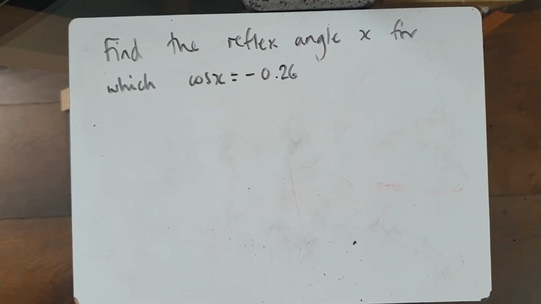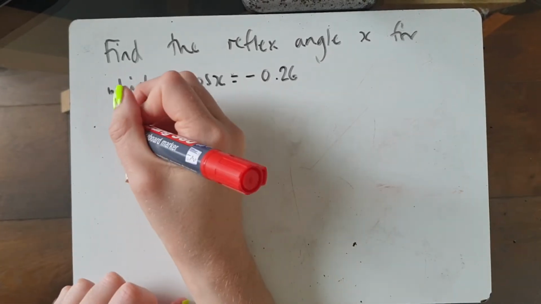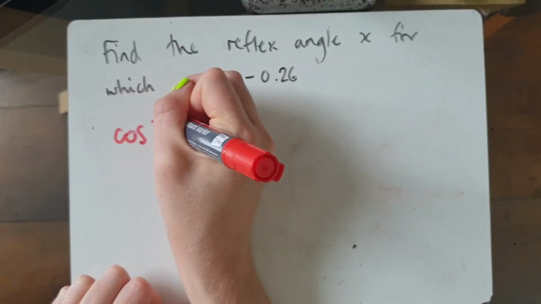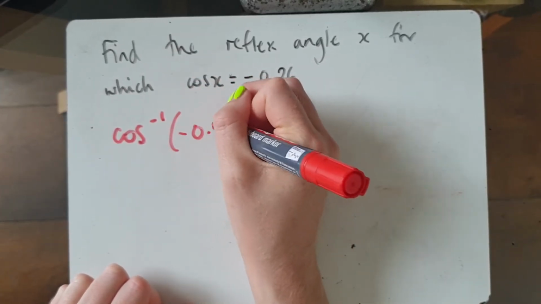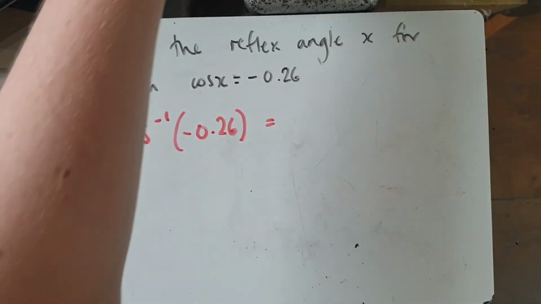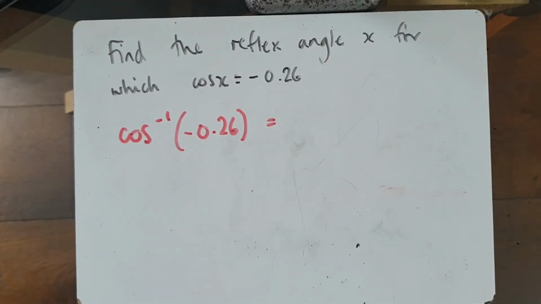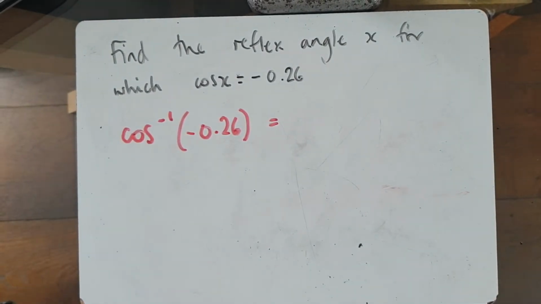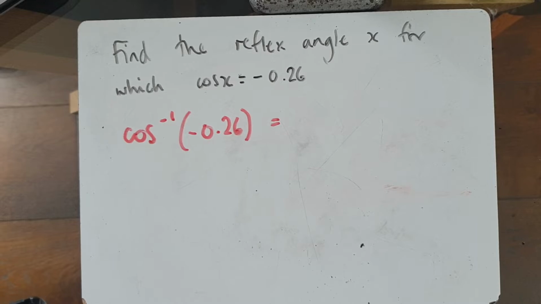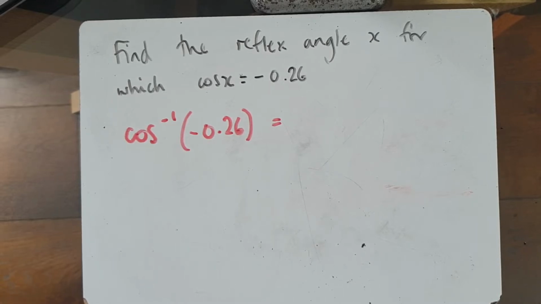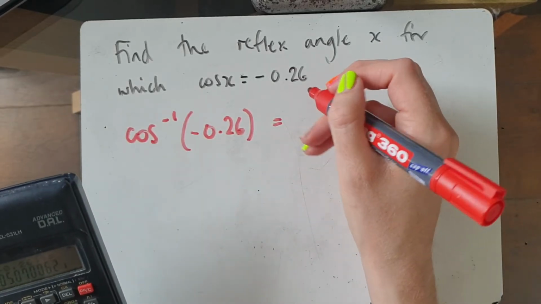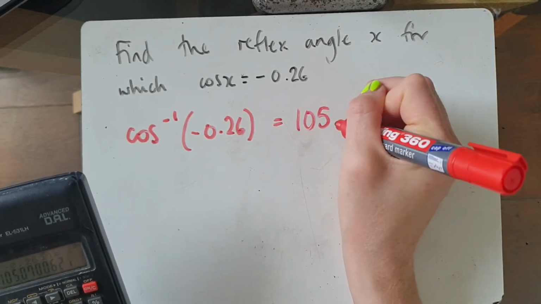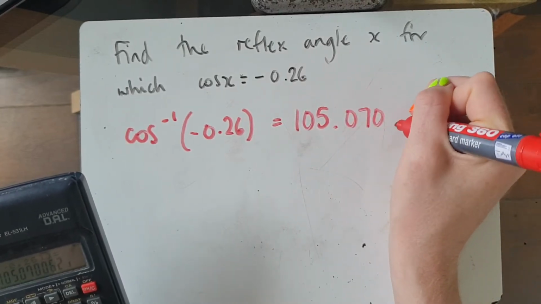The first thing we would do is put that into our calculator. So we're going to do cos inverse of -0.26. And if we do that, we should get 105.070 something.